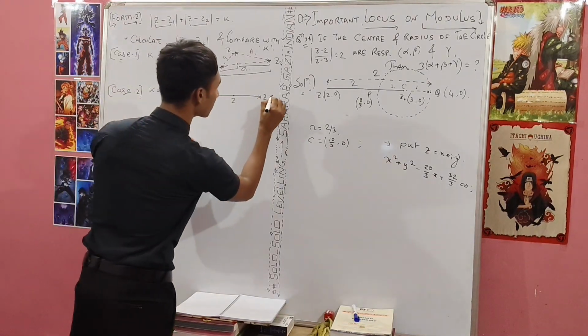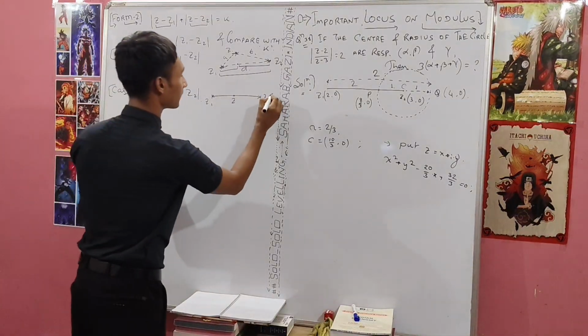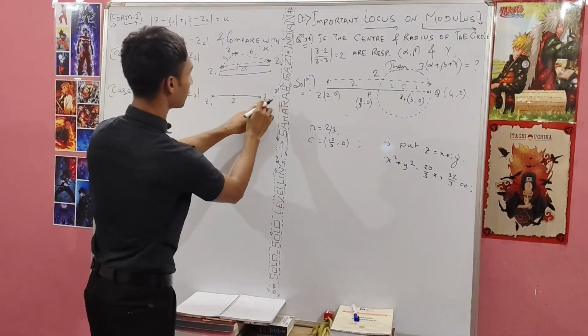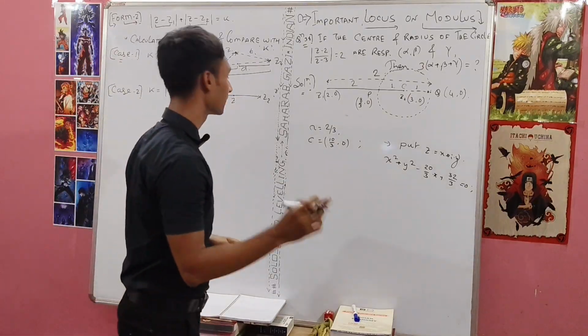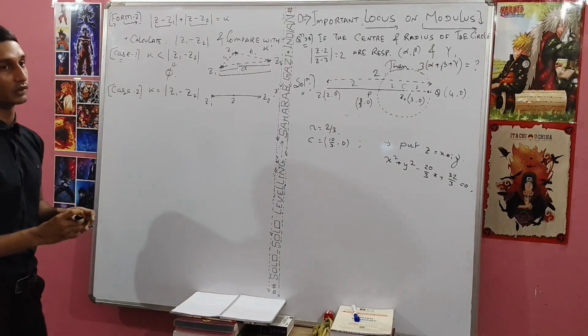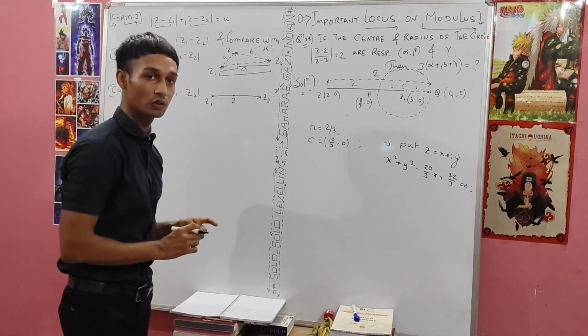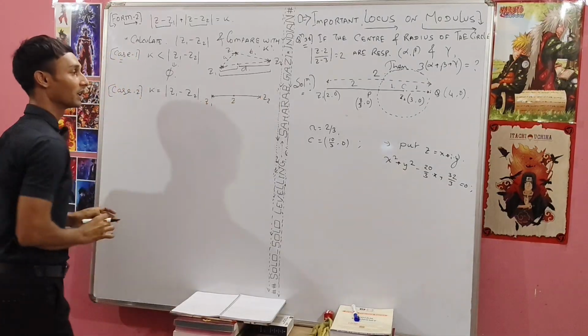If z is outside this, on this side, then you will get that z2 plus z1, which is greater than this k. But here it's an equal position. Here in this case it should be equal. Equal तभी हो सकता है जब z इस line segment के ऊपर lie करे.